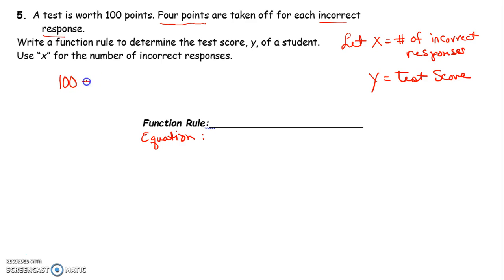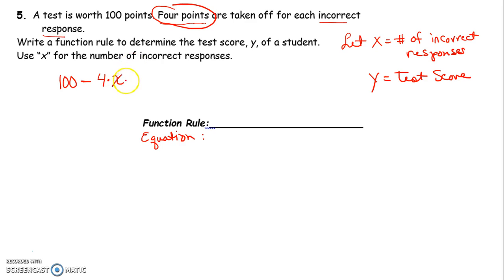Then you're going to take off however many points you lose for incorrect responses. Well, each time you have an incorrect response, you lose 4 points. So if x is your number of incorrect responses, each of those is worth 4 points. 4 times x will give you the amount of points you need to take off.